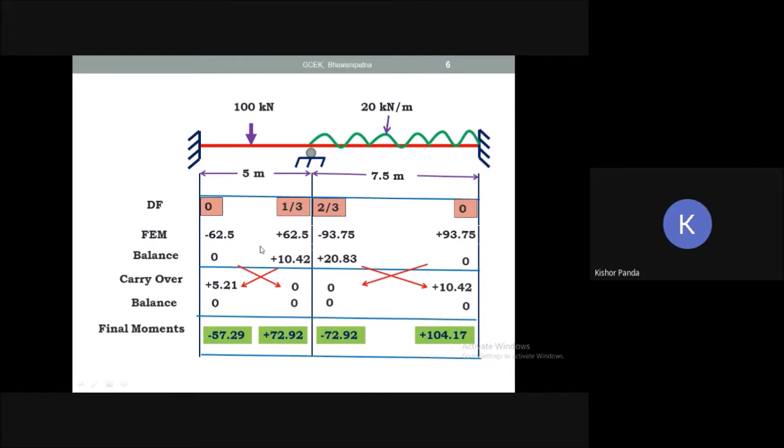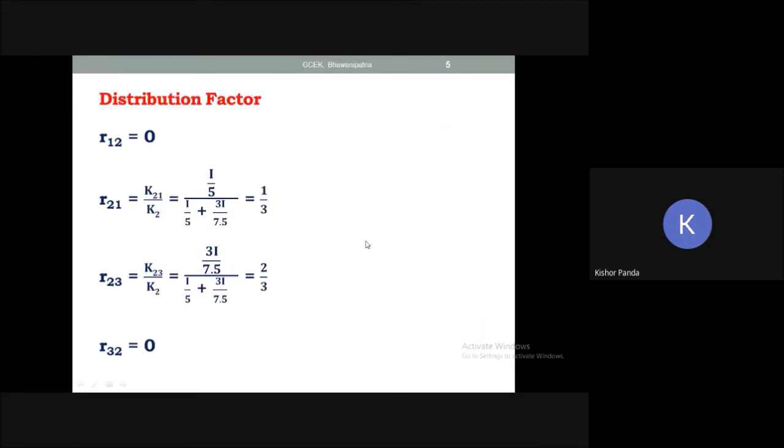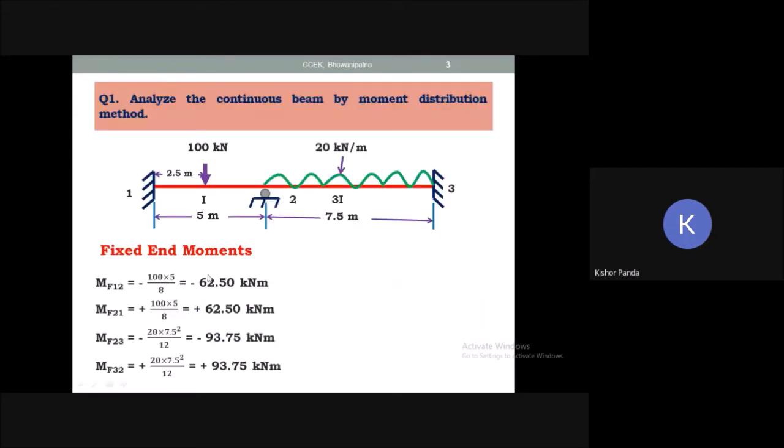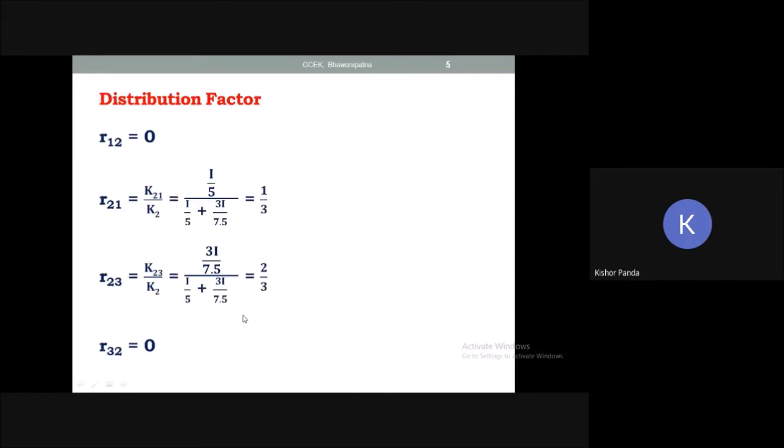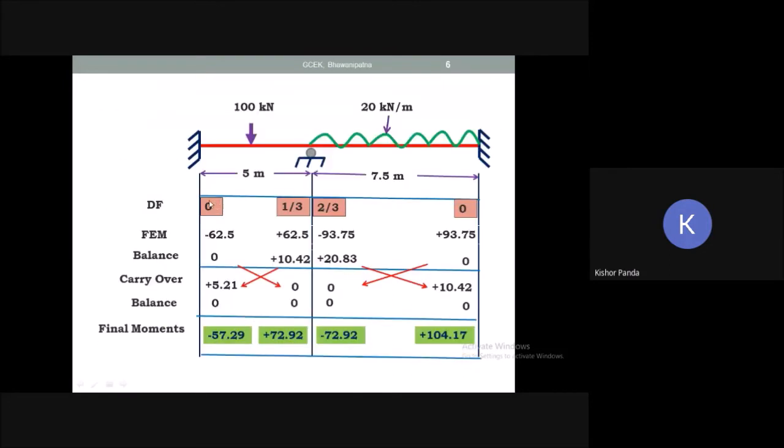Then you write the fixed end moments. You got here MF12 minus 62.50, MF21 plus 62.50, MF23 minus 93.75 and MF32 plus 93.75.